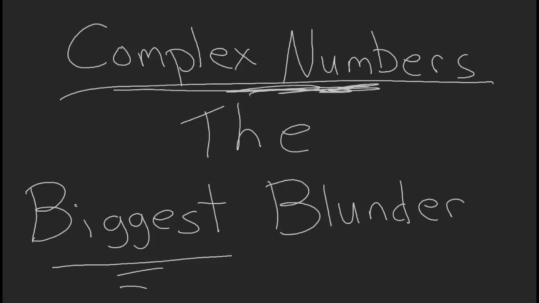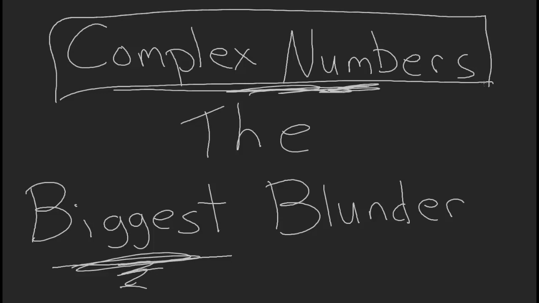So complex numbers are the biggest blunder, not complex numbers themselves, but the language that we use to describe complex numbers. So what I'm going to do is I'm going to teach you complex numbers, only I am not going to use any of the legacy language whatsoever.